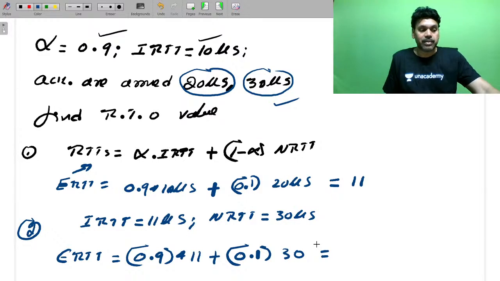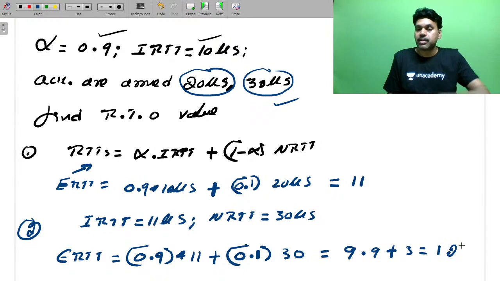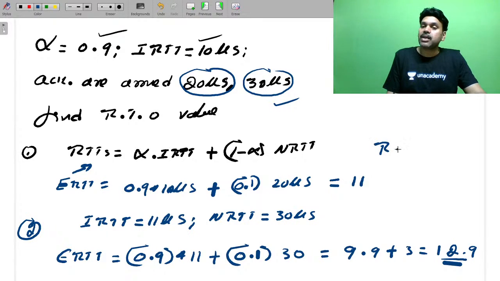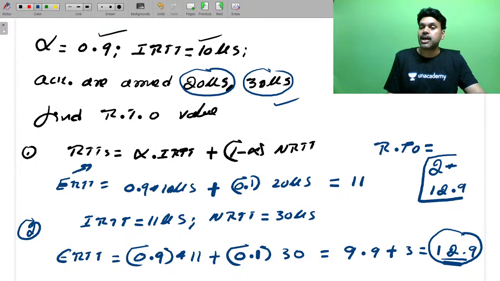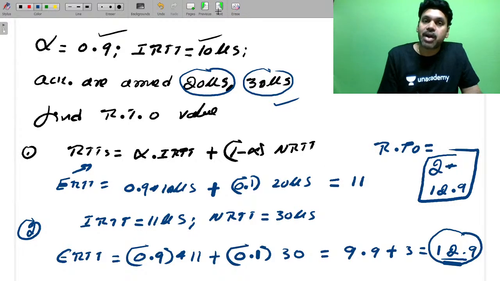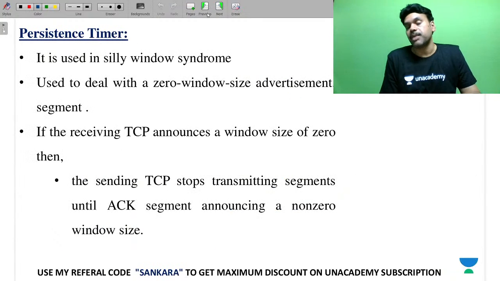So which is going to be 9.9 plus 3, it is 12.9. Now what is your RTO value? Now you can guess. Your RTO is double of your latest ERTT. So how much is it? 2 into 12.9. Your answer is 25.8 roughly. So this is how the retransmission timeout timer works.